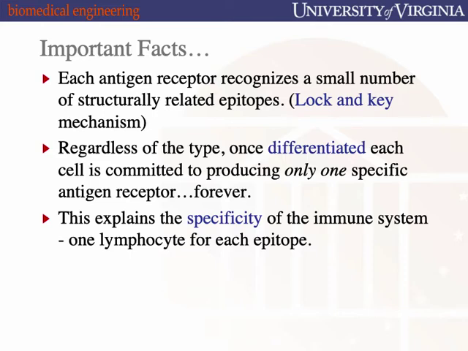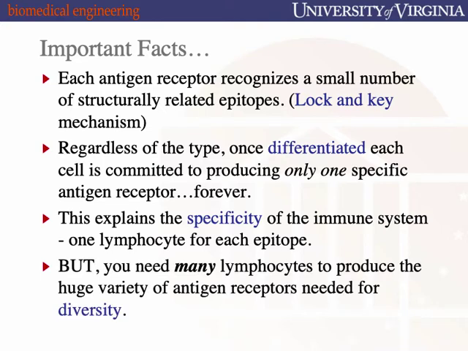Like how that antigen epitope is interacting with the T cell receptor may be regulated by slightly different chemistry, okay? And we're going to talk about all of this diversity here in a second. All right. So we get a highly specific immune system, again, one lymphocyte is going to target each epitope.